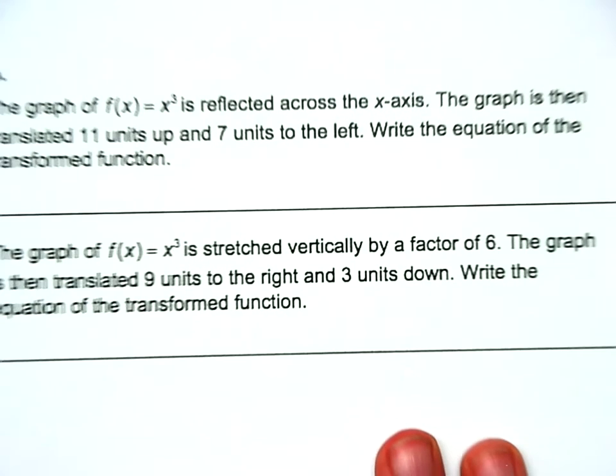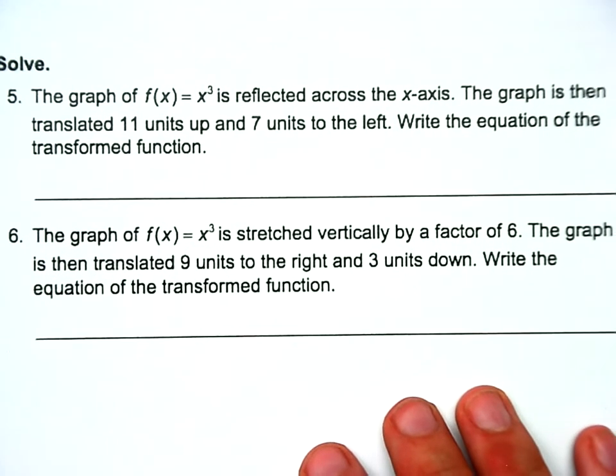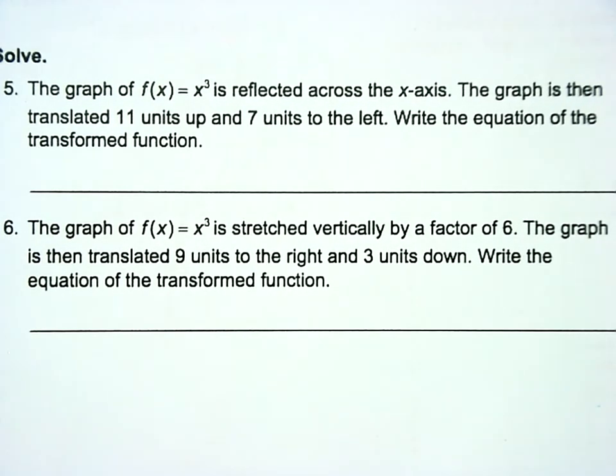All right. And then again, really good practice writing our equations, but now from some word problems. So instead of looking at a picture, we're just going to read what's happening. It says the graph of f of x, x to the third, is reflected across the x-axis. That tells me I'm going to have a negative in my equation. It says the graph is then translated 11 units up and 7 units to the left. Write the equation.